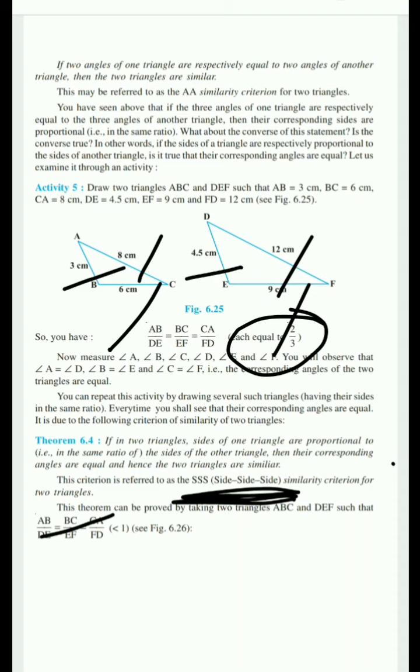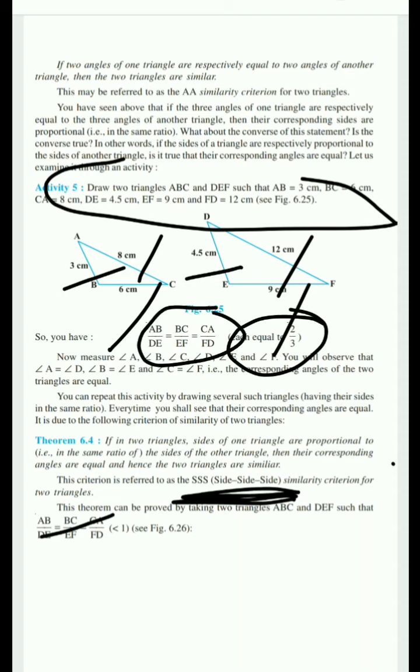You have to do a little bit of this hard work and draw it by yourself. If you are proving that all ratios are the same, then you can say that if two triangles' sides are proportional, then automatically the angles will be the same.